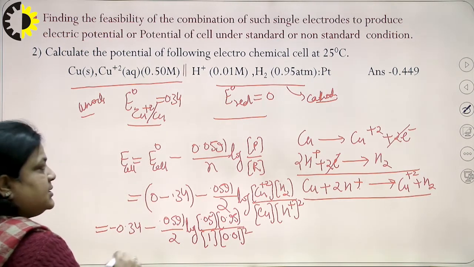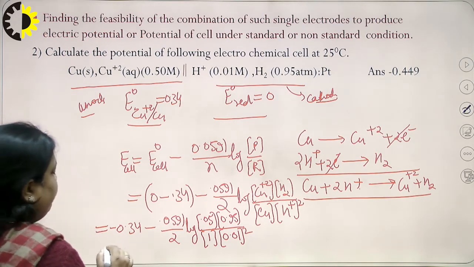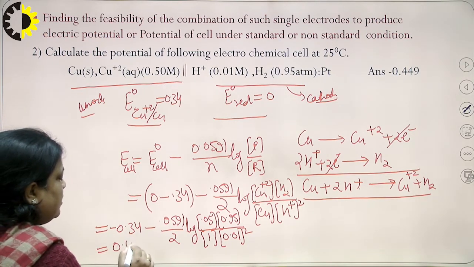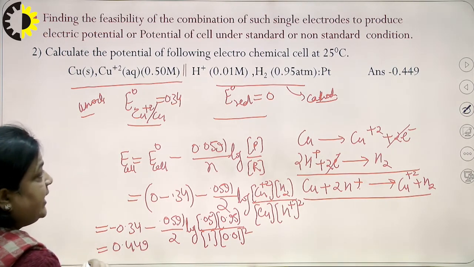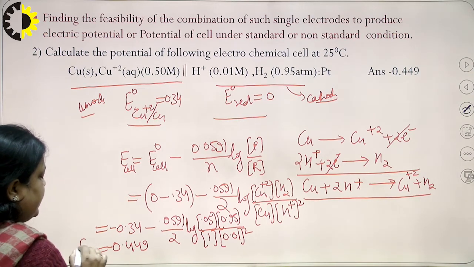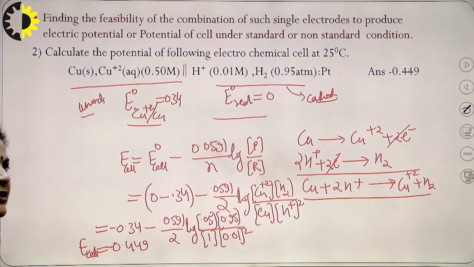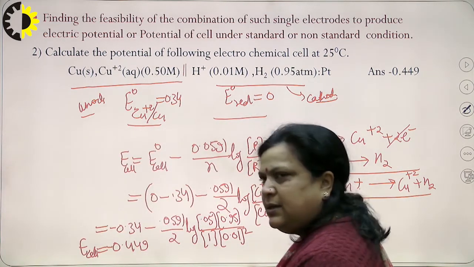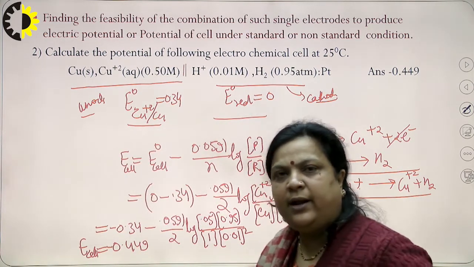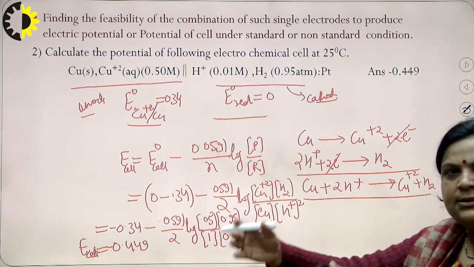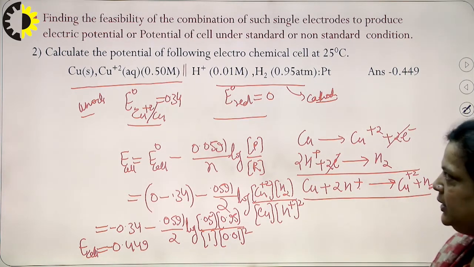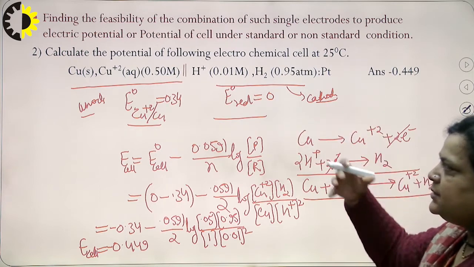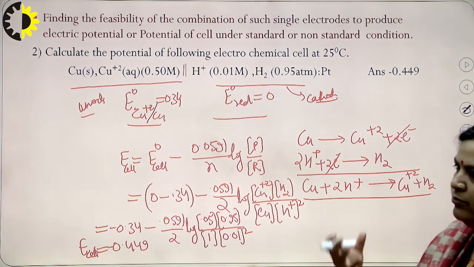And when we solve this, we get E cell as 0.449 with a negative sign. So, E cell negative means delta G positive, and delta G positive means the reaction is non-spontaneous. It means we require additional energy for the formation of this reaction or this type of cell.